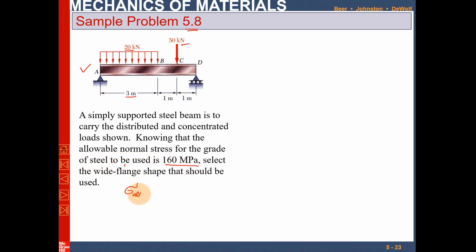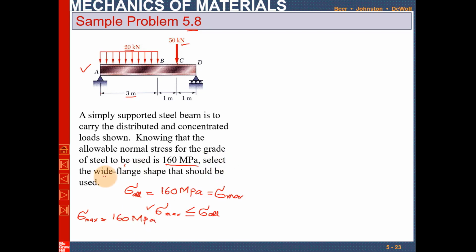So allowable stress is 160 megapascal, and we also state that the maximum bending stress should be less than or equal to the allowable. So we are taking maximum allowable stress as 160 megapascal.